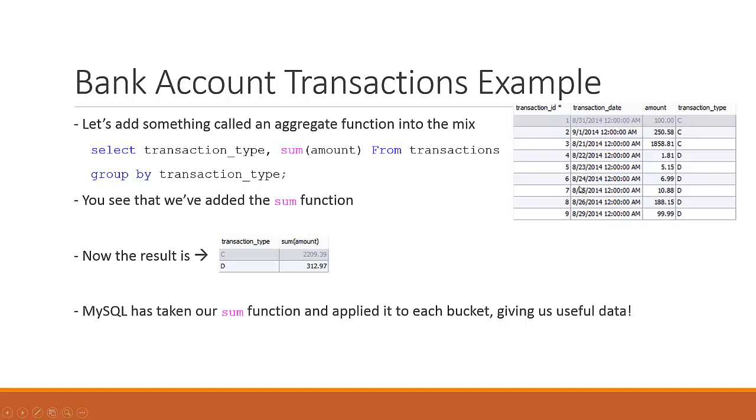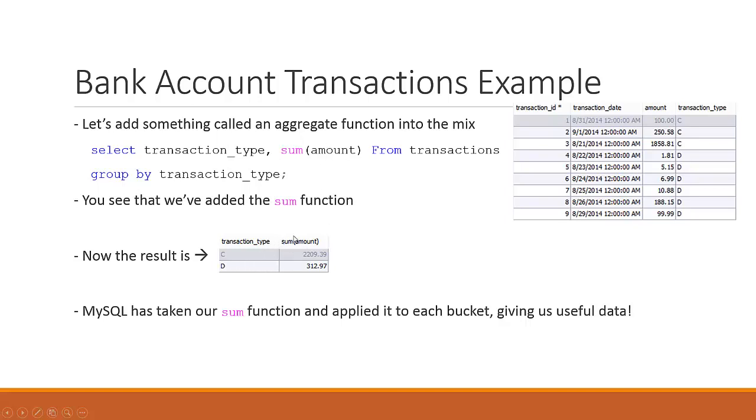So if you think about it, it's going to group together each of these transaction types: 1, 2, 3, so three different credit transactions, and the amounts are going to be added together via this sum aggregate function. Now look at the result.